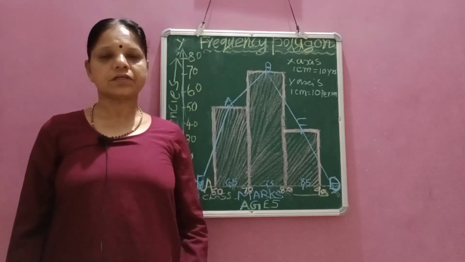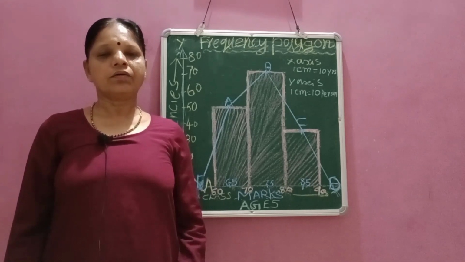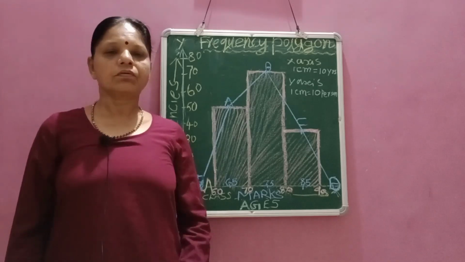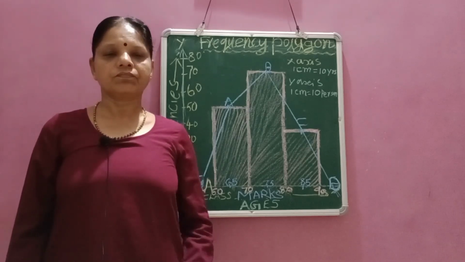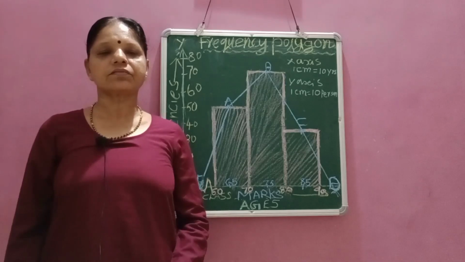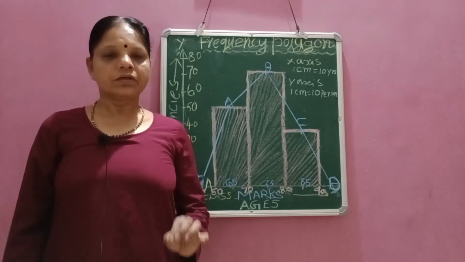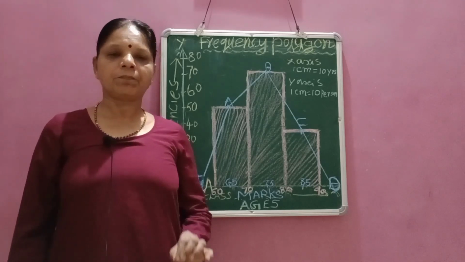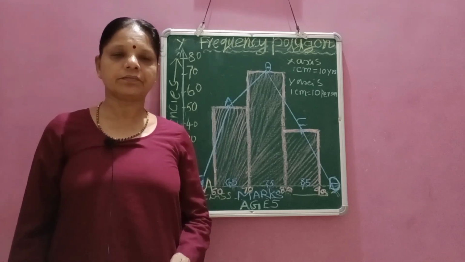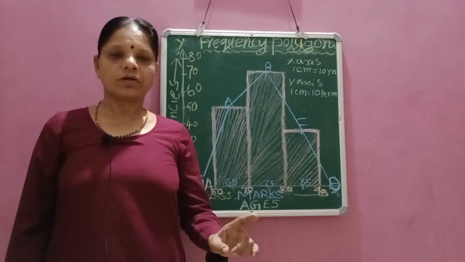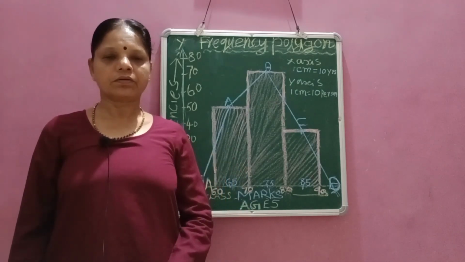Graphical representation means you have to draw in a coordinate system with respect to x-axis and y-axis. When marking a point in the coordinate system, you have studied earlier, x coordinate and y coordinate.